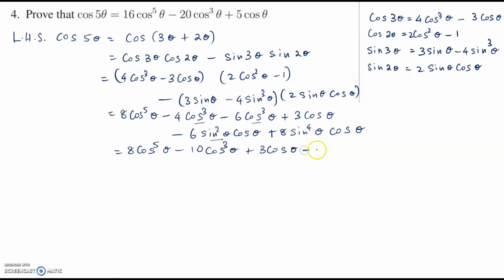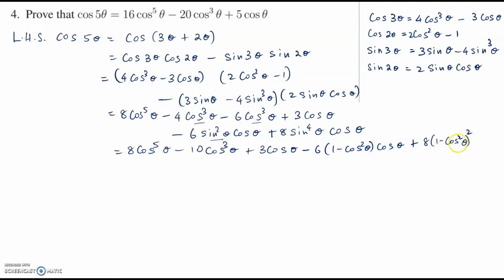So it's minus 6 into 1 minus cos squared theta cos theta plus, let's replace sine to the power 4 theta with 8 into 1 minus cos squared theta whole squared.